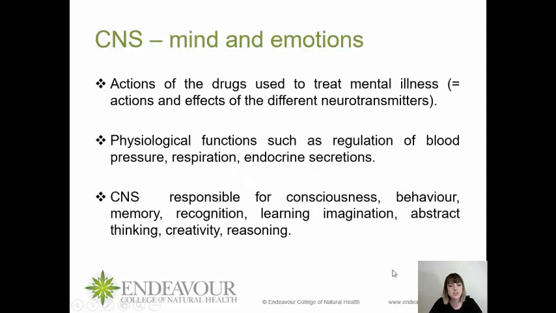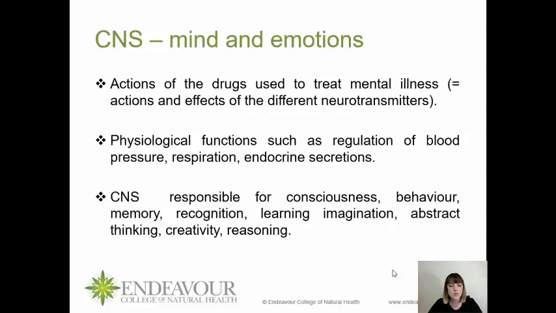Through the actions of neurons using these neurotransmitters to communicate with each other, we are able to have the central nervous system create our mind and emotions. These are some of the outputs of our central nervous system, just as much as movement or changing your blood pressure is an output of the central nervous system.